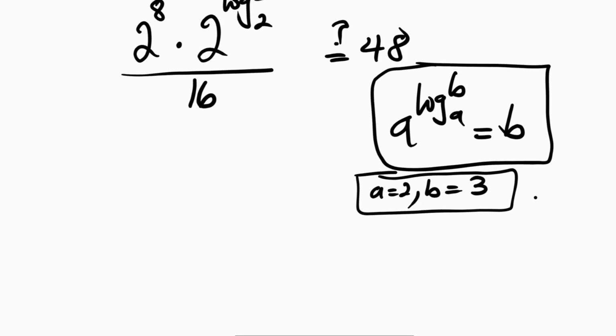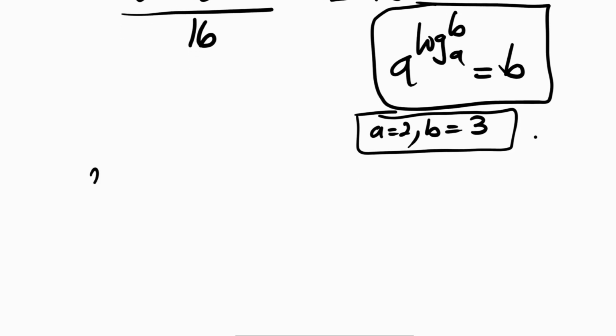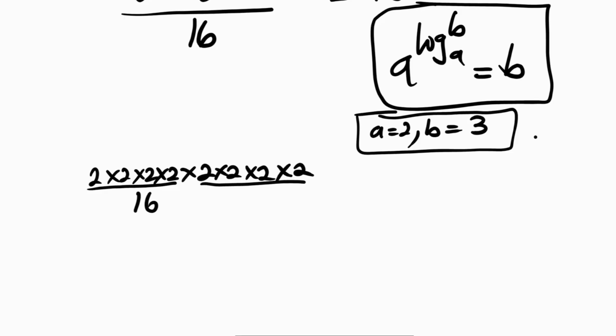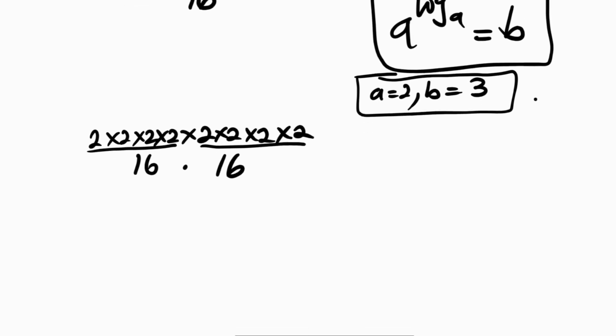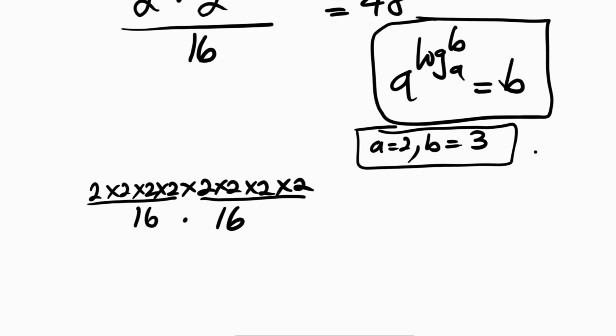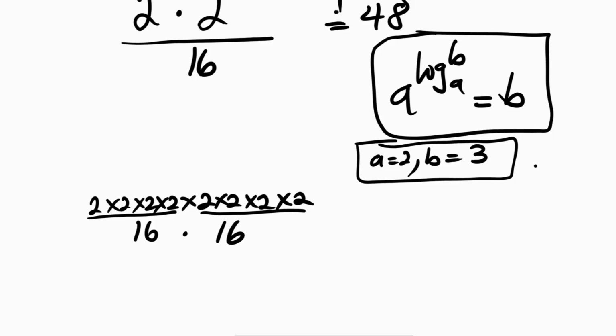So now 2 raised to the power 8 is the same thing as 2 times 2 times 2, 4, 5, 6, 7, 8. So this is what? 16 times 16. Okay? Right. I just did it this way because we have a 16 denominator.